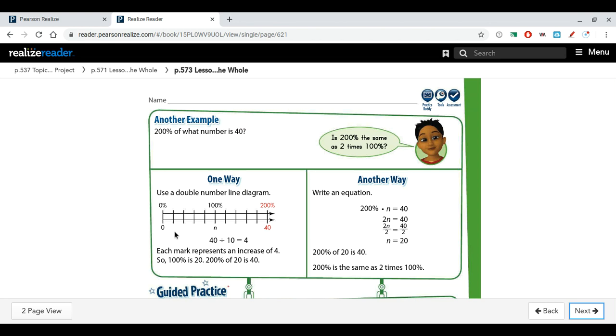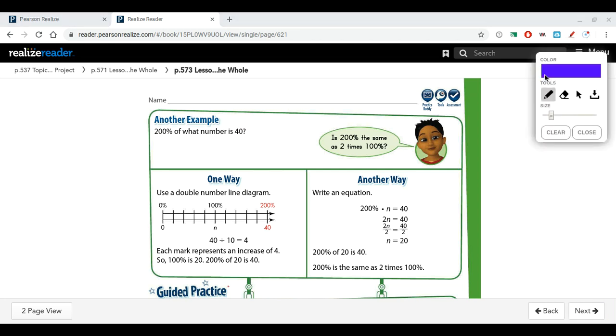Each mark here, if you look on my double line diagram, is 1, 2, 3, 4, 5, 6, 7, 8, 9, 10. So each mark is going to represent an increase of 4. So 4, 8, 12, 16, 20. Here's what we're going to do to write that equation.